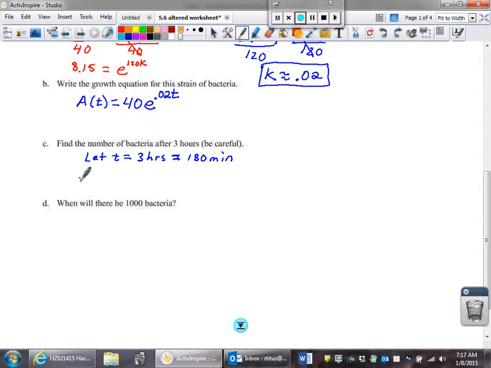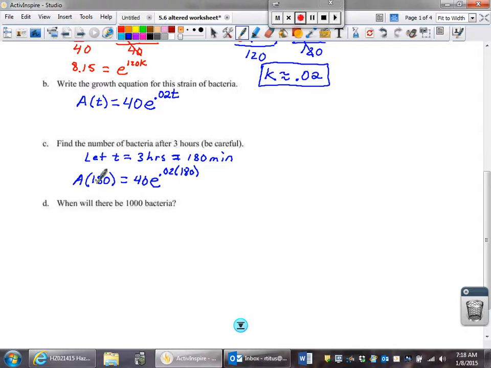So let's see what we have here. If I'm going to let all the t's, oh, I wrote in 3, that's not good. All the t's be 180. That means that you're going to be doing 40 times e raised to the 0.02 times 180.